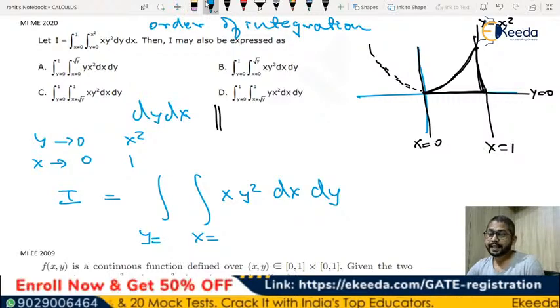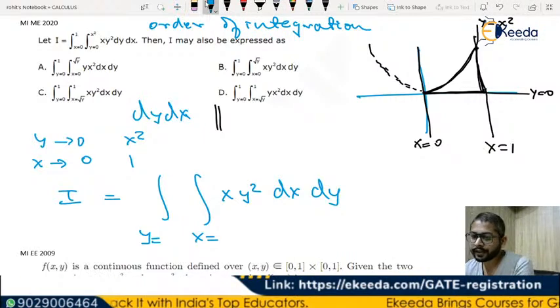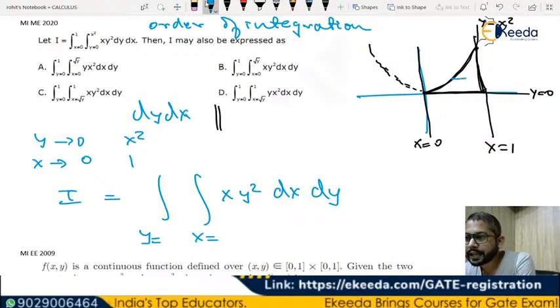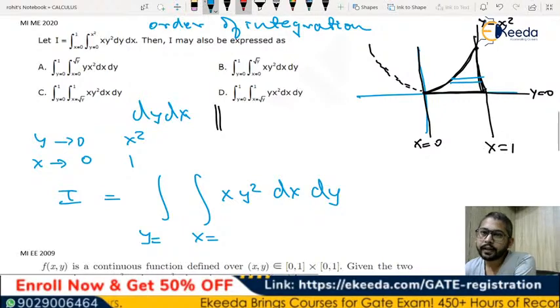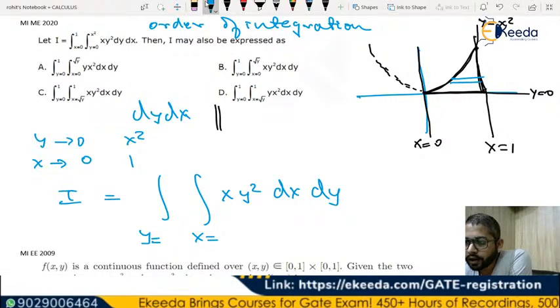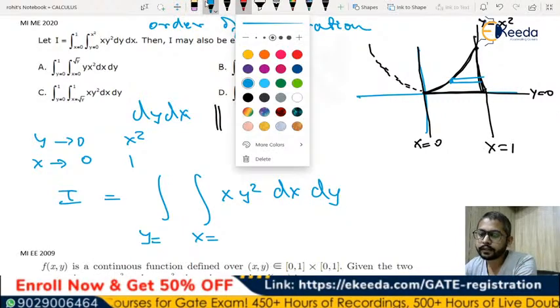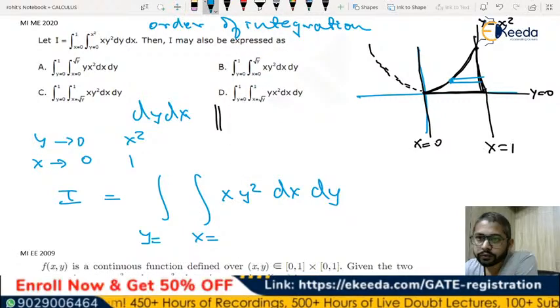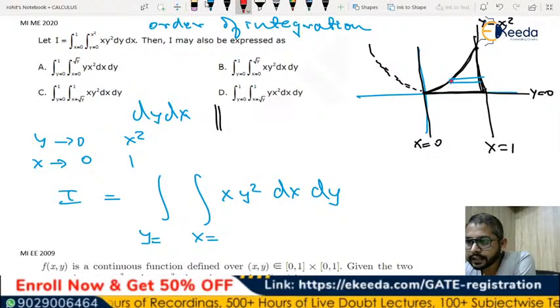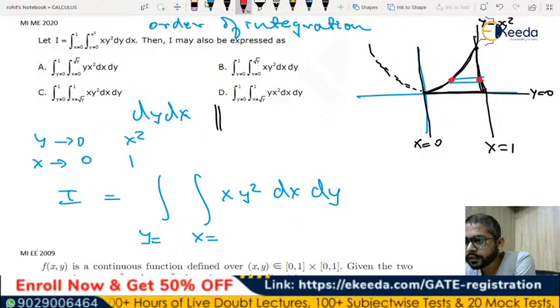Now in this case, for the change of order, if it is dx dy, you should take the element as a horizontal element. And this horizontal element, if you see, the starting point is on the locus of the initial point. This is the initial point of this element, and this is the end point of this element.